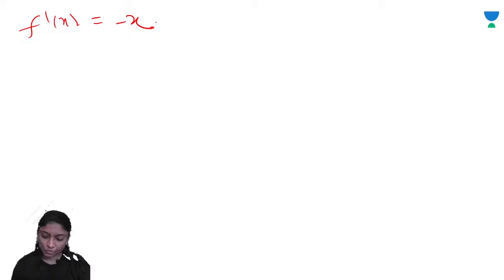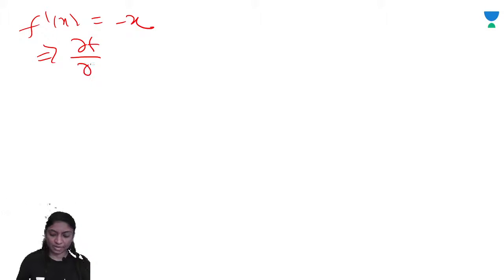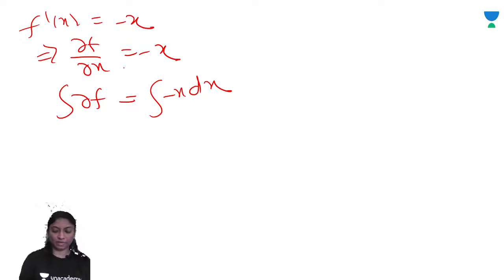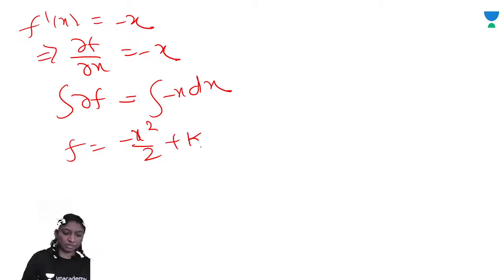So f dash of x is minus x, which implies ∂f/∂x is equal to minus x. So the integral of ∂f is equal to the integral of minus x dx. So you will get f is equal to minus x square by 2 plus k.